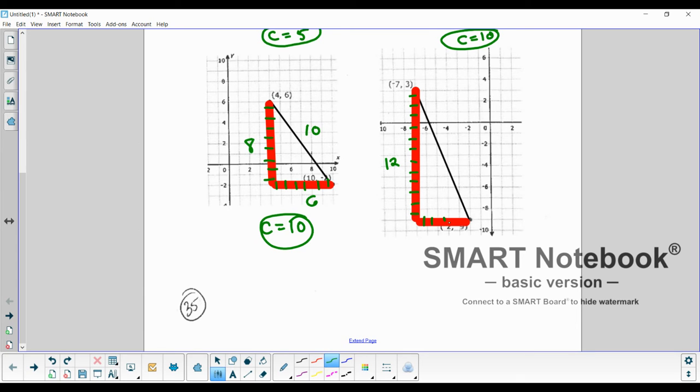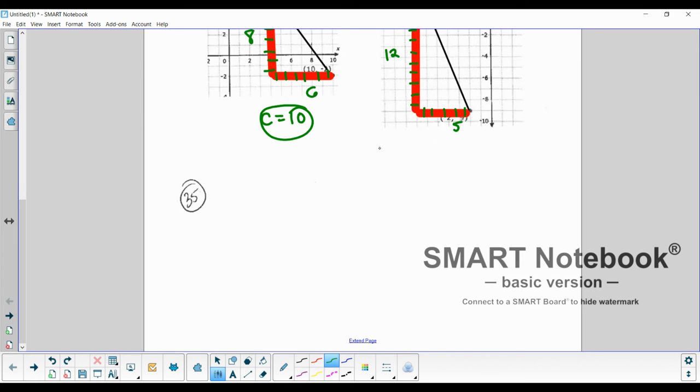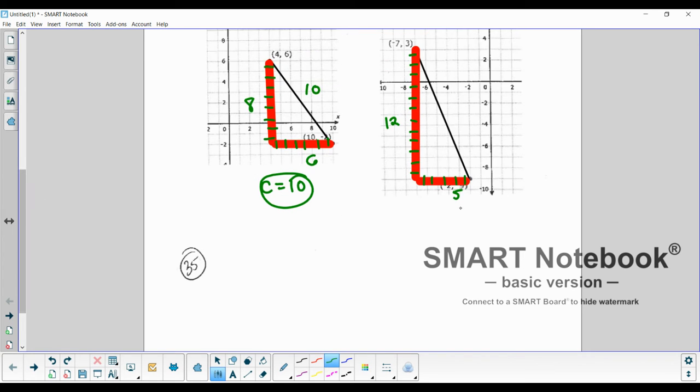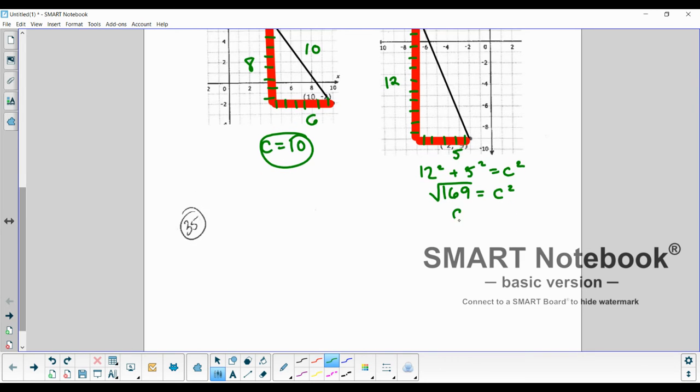And 1, 2, 3, 4, 5. So we're going to set up our Pythagorean theorem. 12 squared plus 5 squared is equal to C squared. 12 squared is 144. 5 squared is 25. That adds to give us 169. And then we finish by taking the square root to get that the distance is 13.